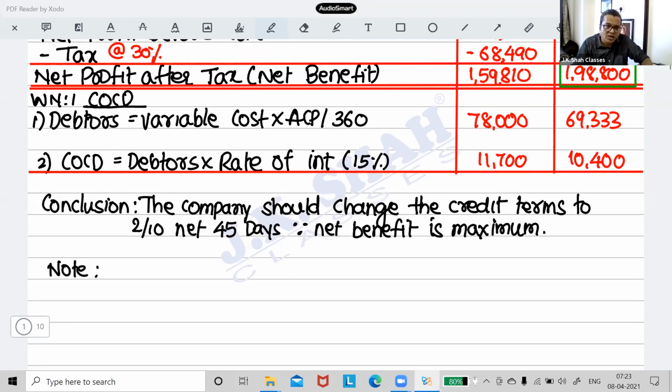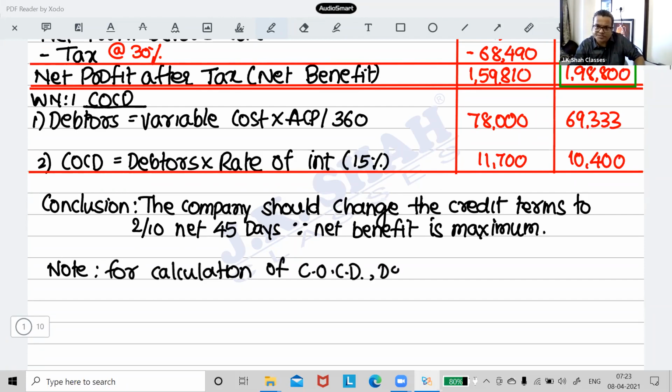Right? For calculation of COCD, debtors are valued at variable cost.